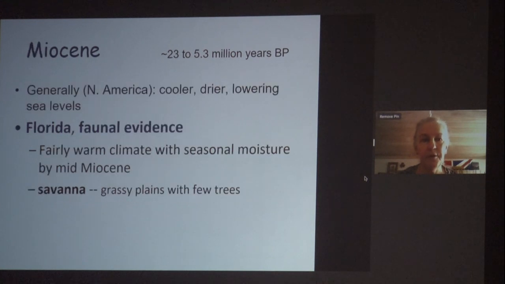And moving on to the Miocene, generally conditions were cooler and drying, and sea level was continuing to lower. Faunal evidence from Florida, at least for the mid-Miocene, suggests a fairly warm climate with seasonal moisture patterns and some dominance of savanna vegetation, grassy plains.